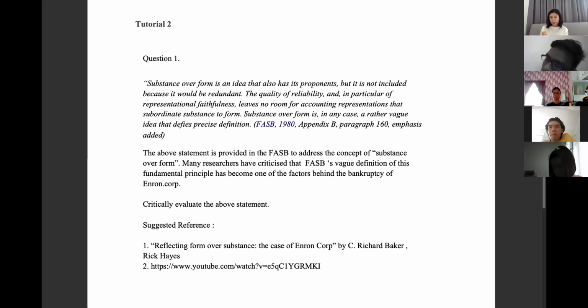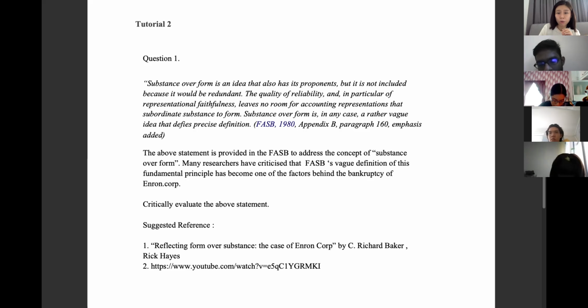There might be a different standpoint from other countries, so you look online. If you need help for maybe journals or some study, you can ask me. I can provide you a link or a website where you can access more journals. Okay, after you do that, then you go on to explain what contributed to this bankruptcy.